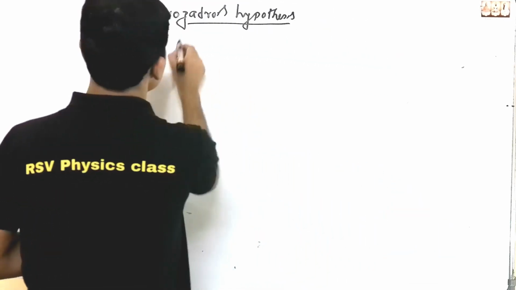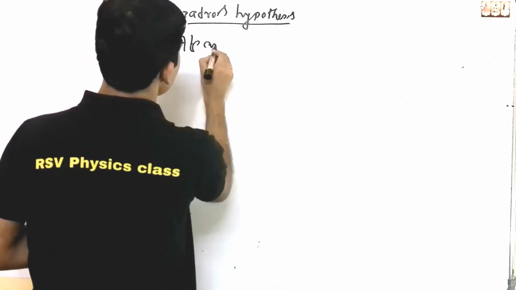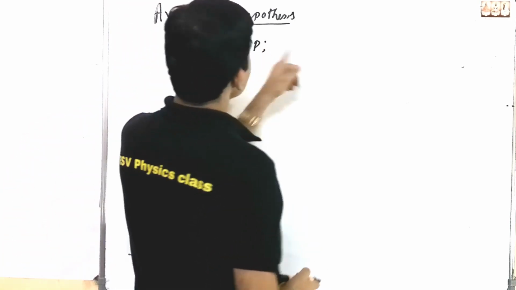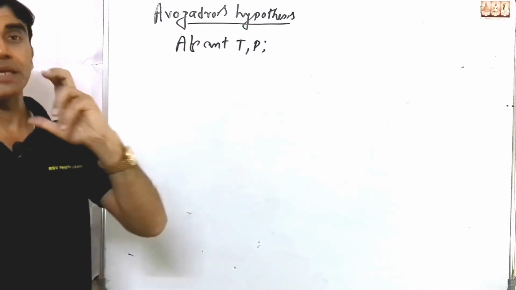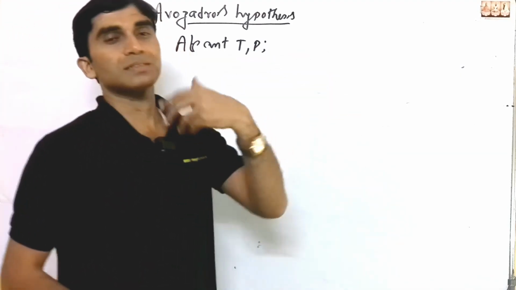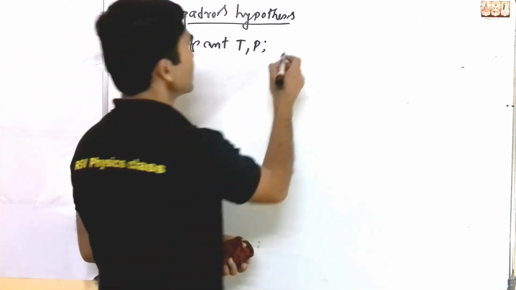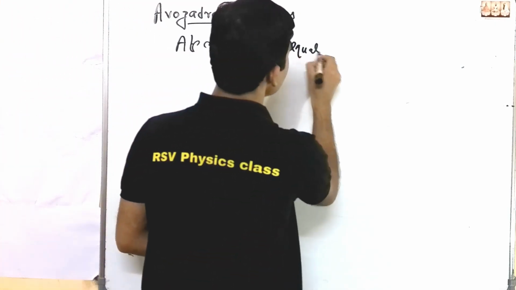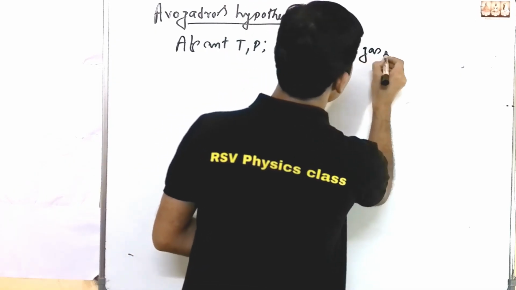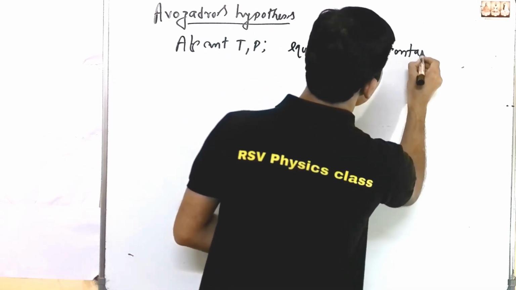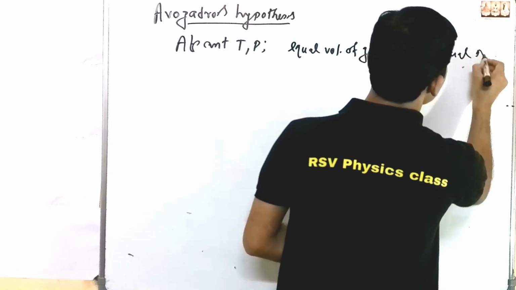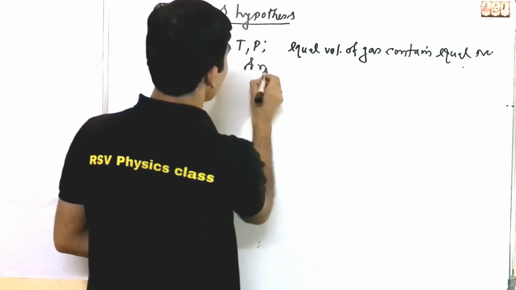At constant temperature and pressure, equal volume of gas contains equal number of molecules.